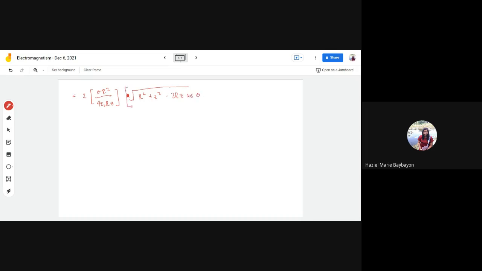And then we evaluate this from 0 to pi. So evaluating from 0 to pi, we can actually cancel this r here, and we can also cancel this out. So we are left with sigma r over 2 epsilon naught z.